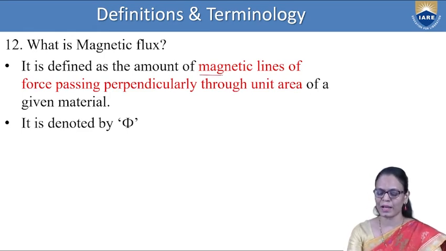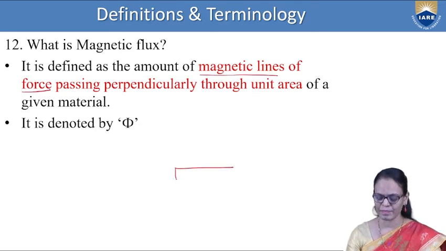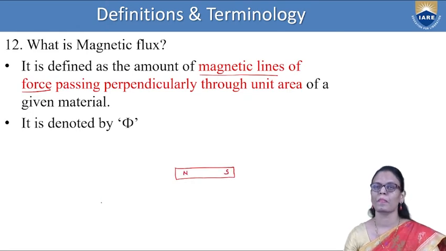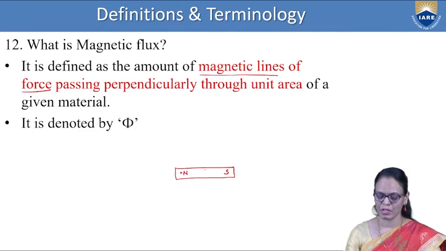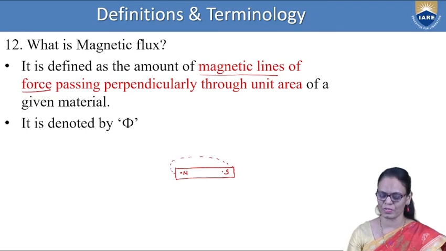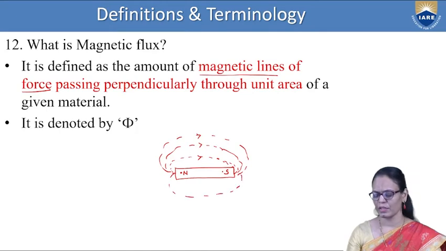Whenever we have a magnet, with a north pole and a south pole, you can trace the magnetic lines of force. They always start at the north pole and end at the south pole.